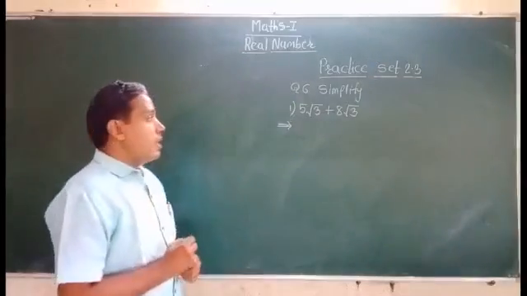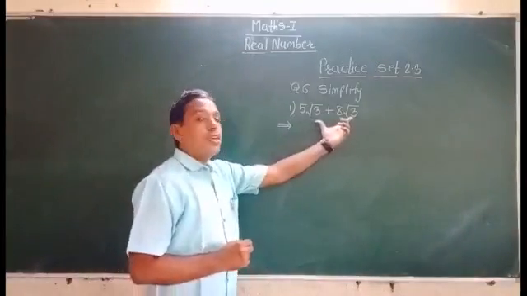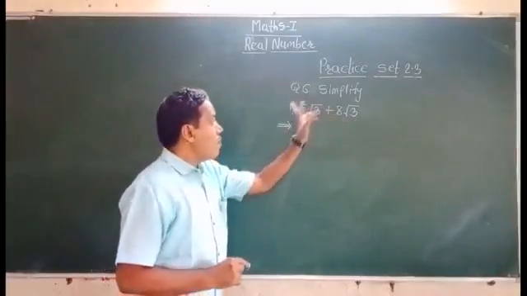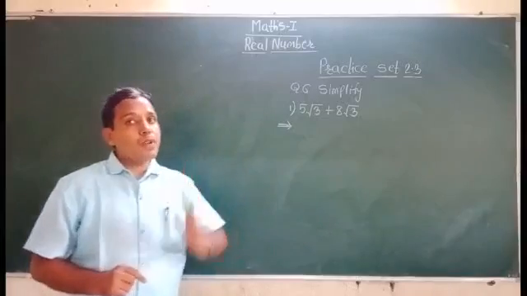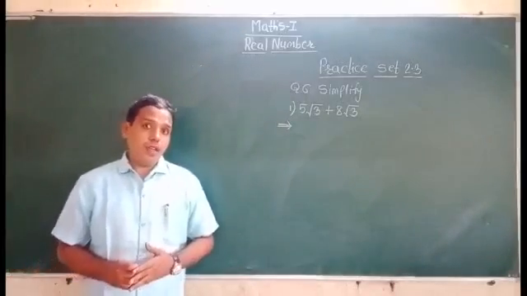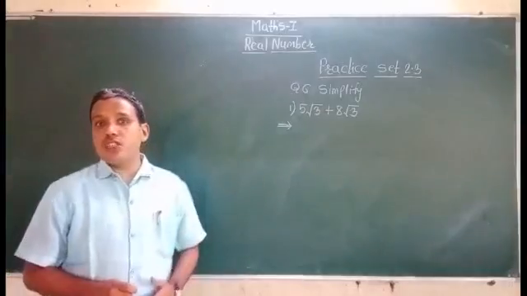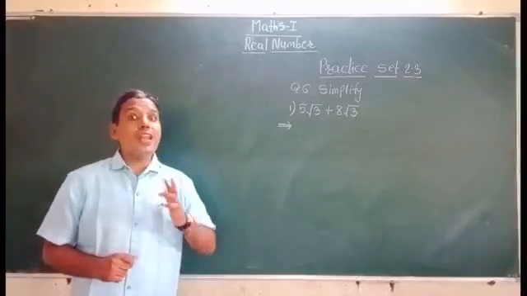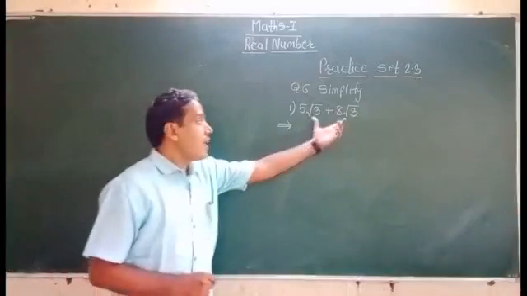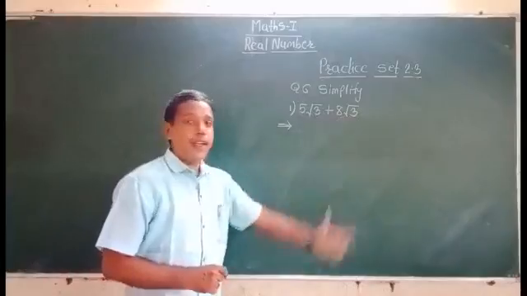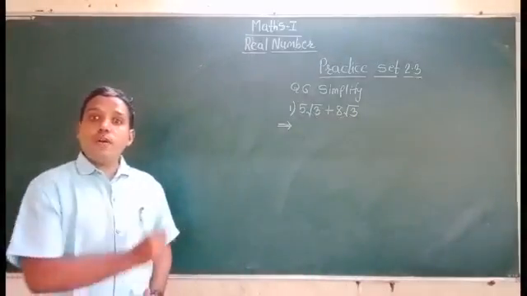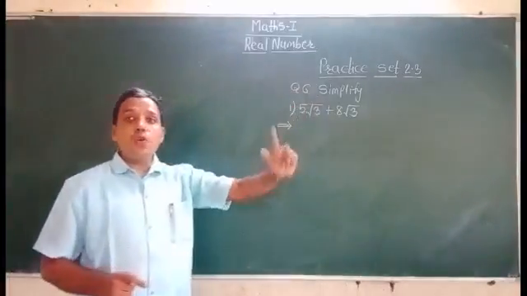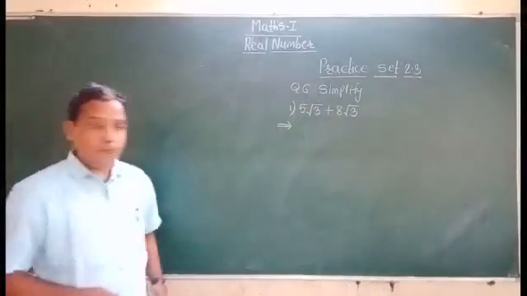We also see that not only the surds are given in that example, the coefficients of both surds are also given. And addition and subtraction are carried out only and only on the coefficients of like surds. 5 and 8 are the coefficients of both like surds, and the addition is carried out only between them.